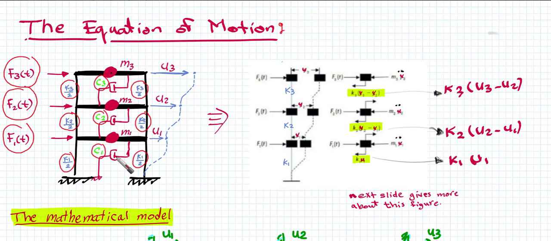We have damping at each floor. This damping, as we have explained before, comes from different levels. We have material damping, element damping, component damping, and structure damping, hysteretic damping. Different types and sources of damping are present in our model.